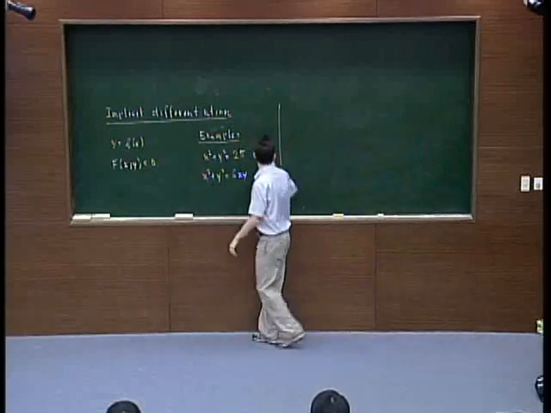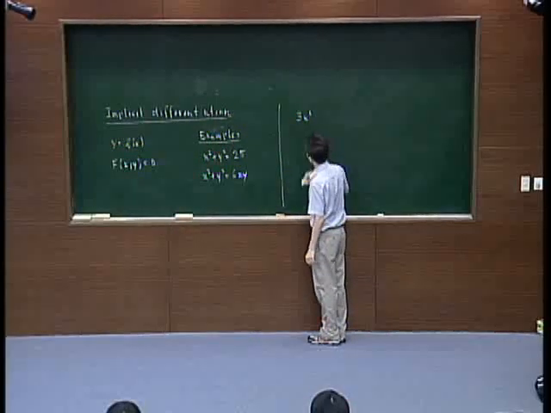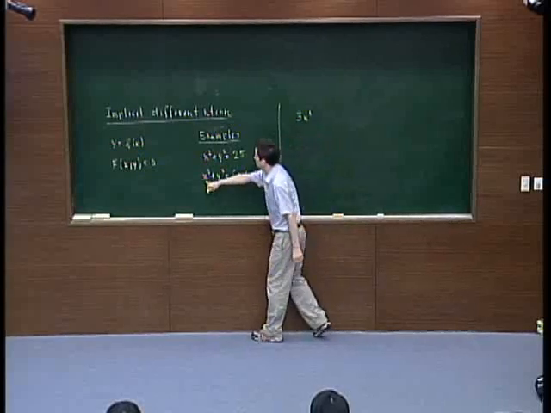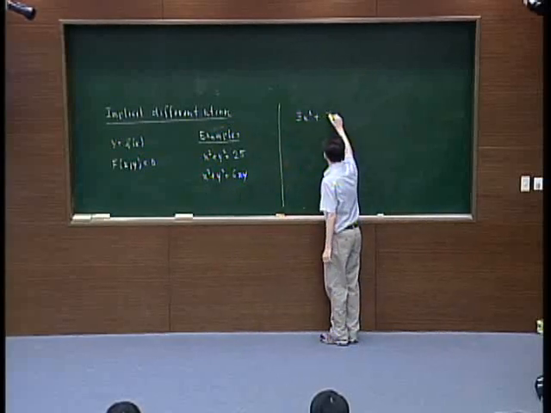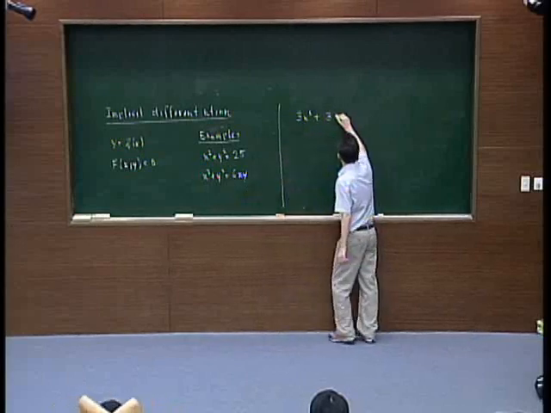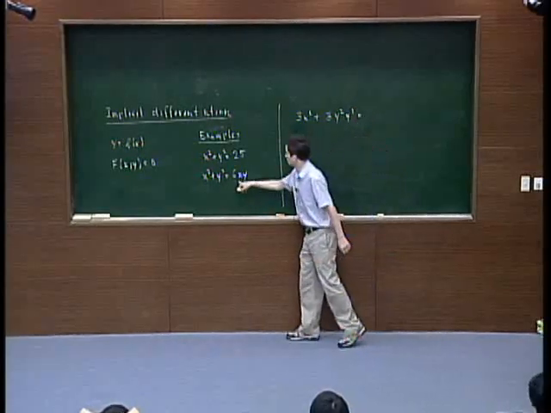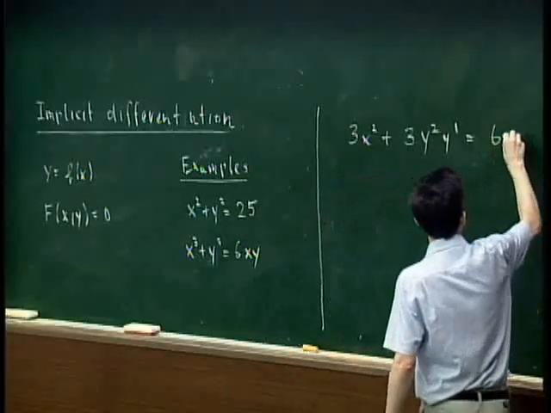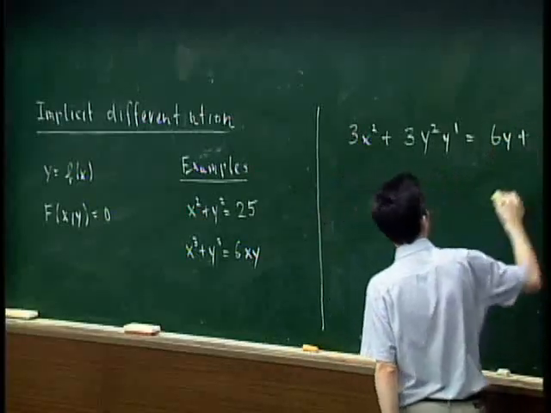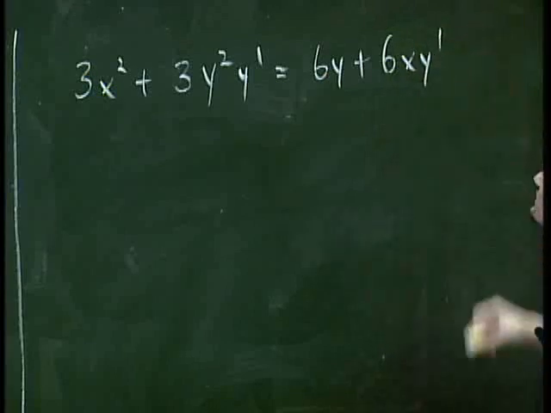Okay, so I showed you already last time, we can take the derivative on both sides with respect to x. So here we get 3x squared plus, and here we have to use the chain rule, so 3y squared times the derivative of y is equal to, here we have to use the product rule, so we have 6y plus 6x times the derivative of y.